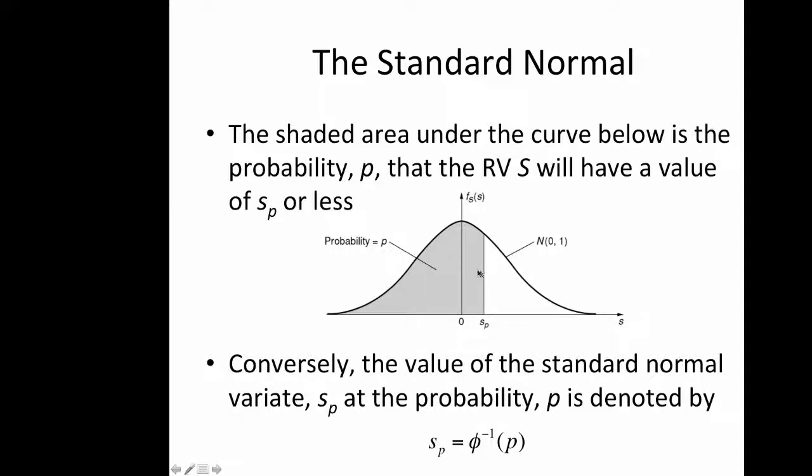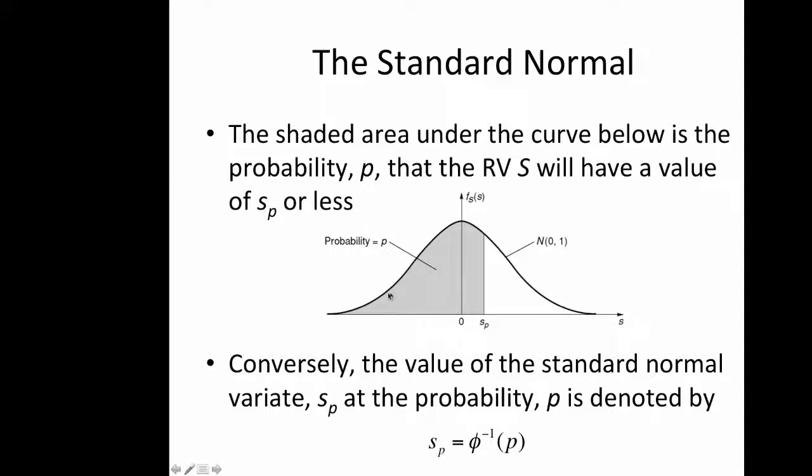The probability that's shaded in this figure tells us that the standard normal random variate S will take on a value of s sub p or less. That represents all of this shaded area. Starting from s sub p and going to minus infinity, this shaded area is some probability p.